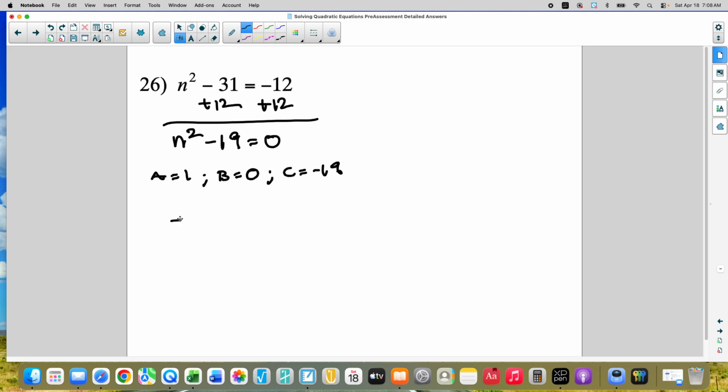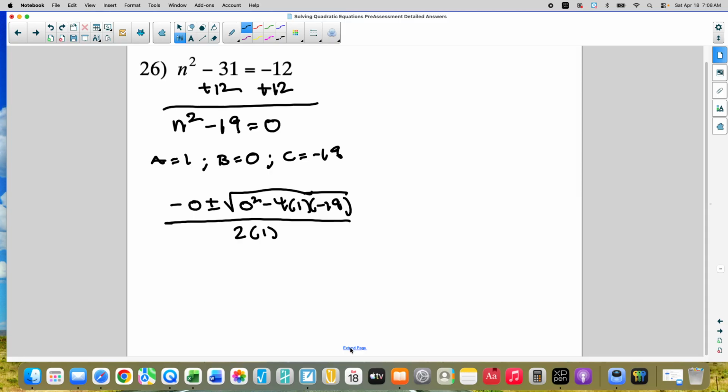Opposite of B, so it's the opposite of 0, plus or minus the square root of 0 squared minus 4AC, over 2 times A. Ooh, this should be a little hint here. Watch this little trick.